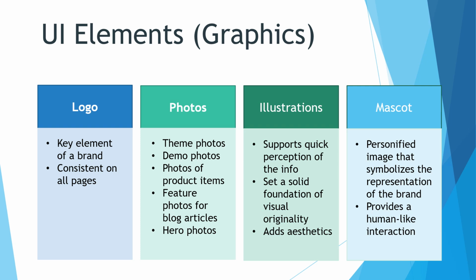Then there's illustrations. And illustrations are made in various different styles. You have custom illustrations that effectively support the quick perception of whatever the information is on the page or the screen. They also set a solid foundation of visual originality, and add aesthetics and beauty to blogs and websites.